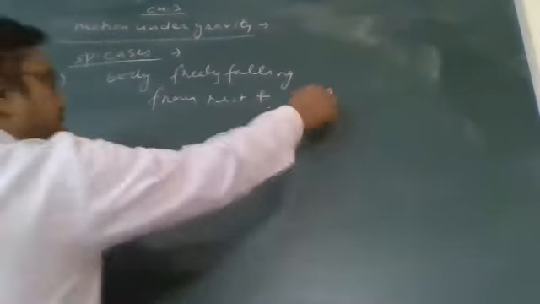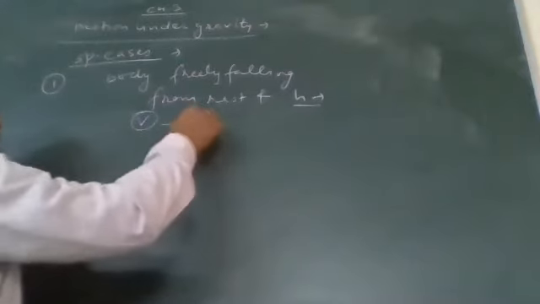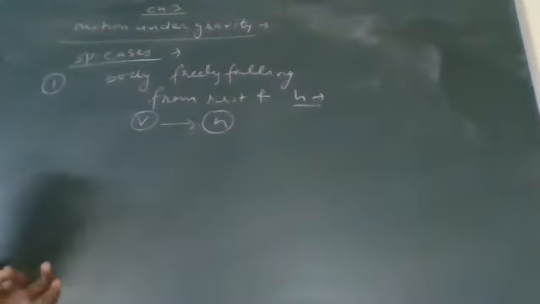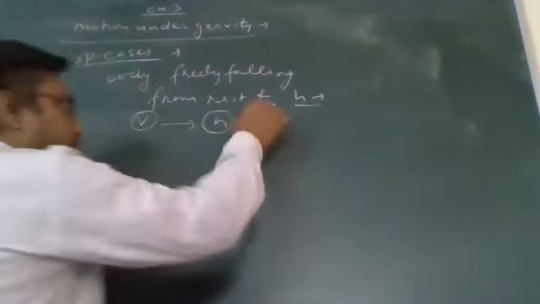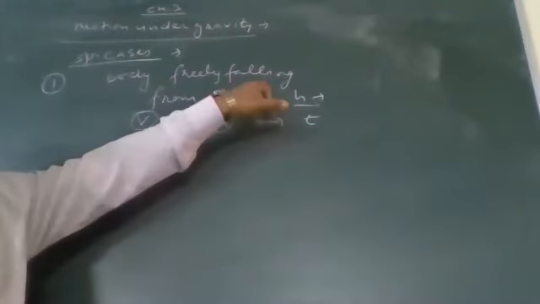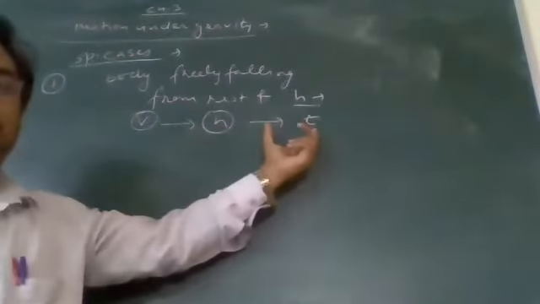It acquires velocity v after falling through height h, in time t. So there are three things to find out: the body falls freely from rest from a certain height h, it acquires velocity v after traveling a distance h, and the given time is t.